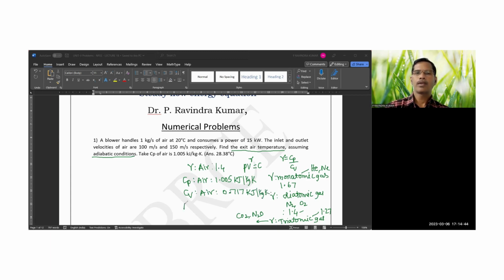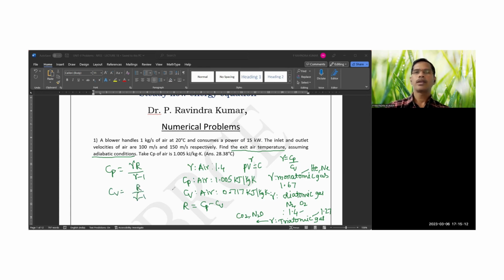R is the gas constant, the difference between the specific heat at constant pressure and the specific heat at constant volume. And Cp is equal to gamma R by gamma minus 1, and Cv is equal to R by gamma minus 1.